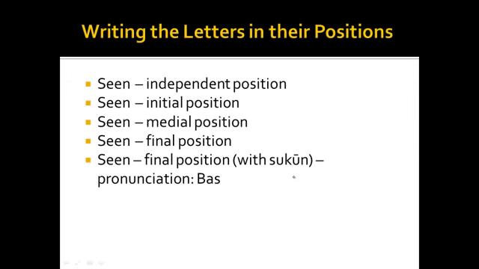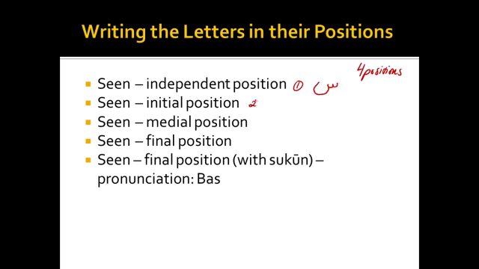Let's look at the Seen and the Sukoon in their different positions. And remember, there are four positions for the Arabic letters. And so we have the independent position. This is number 1. And the Seen will look like this in the independent position.